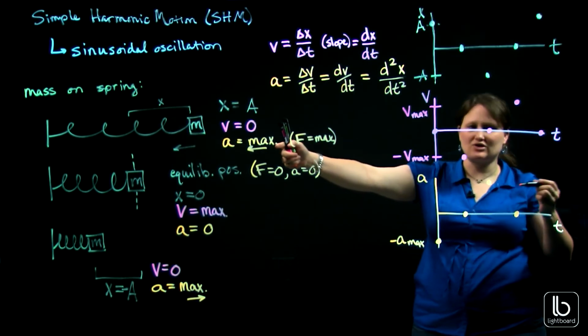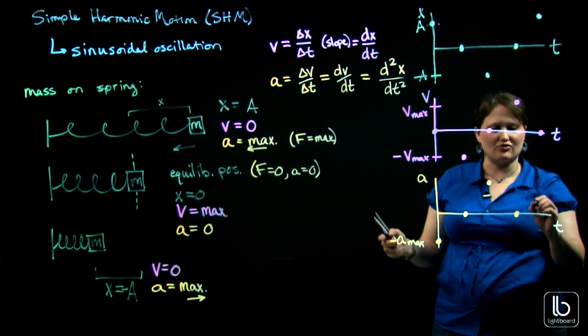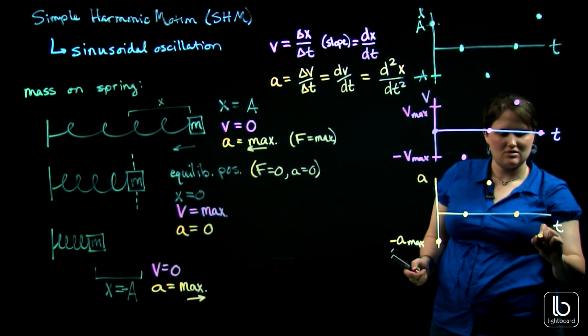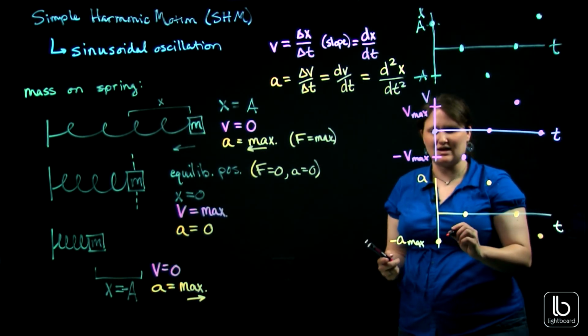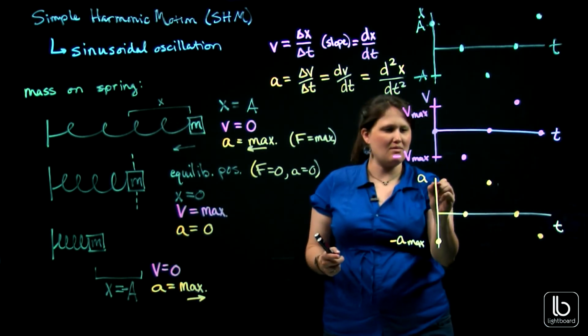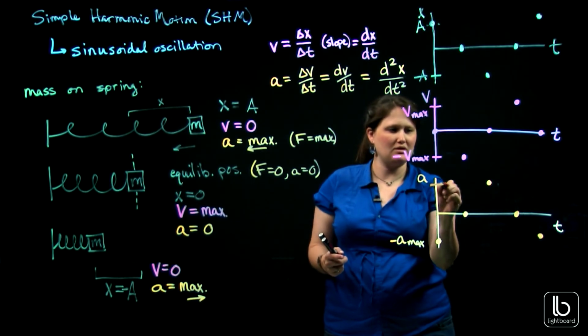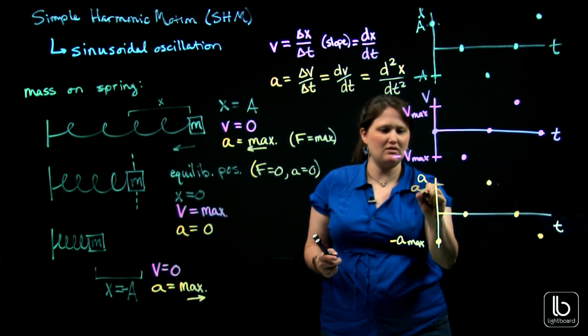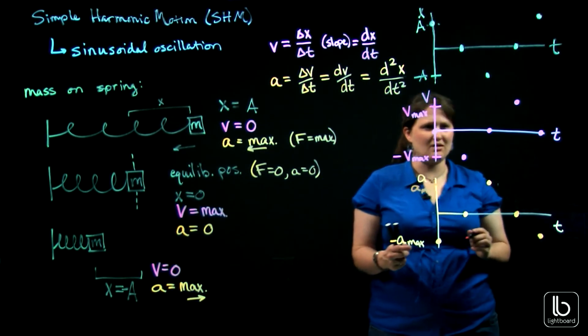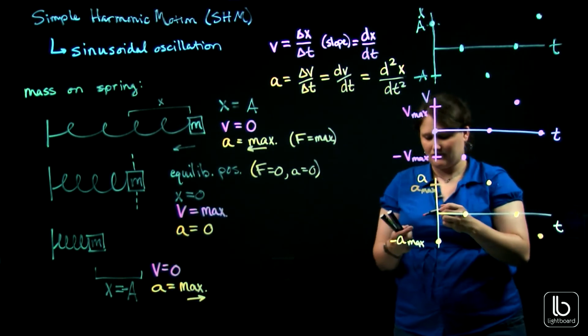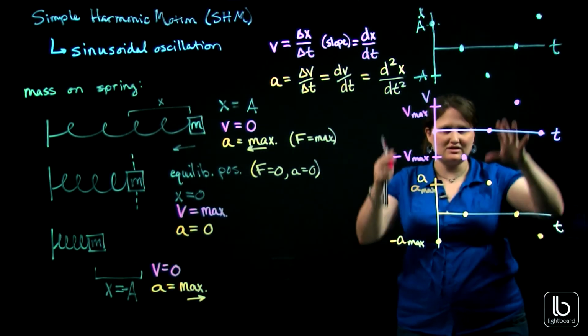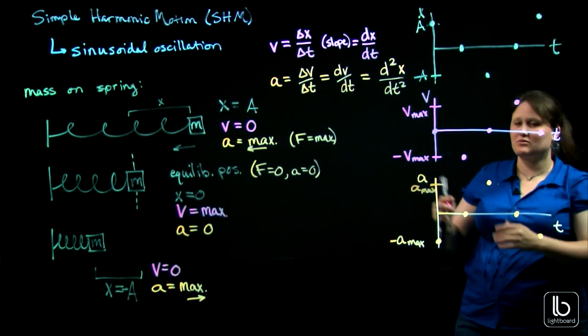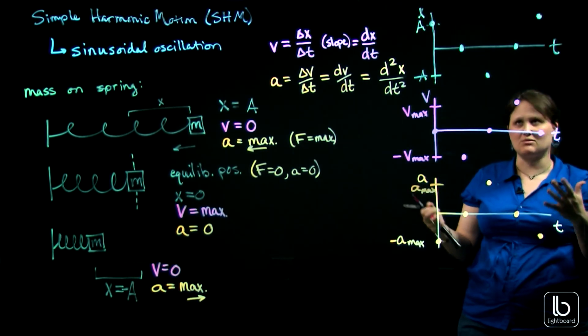And so we actually begin to accelerate in the other direction. And so we're back to negative A maximum. So I'm going to call this particular point A max right here. So again, this is what we know just from the way we know a spring behaves.